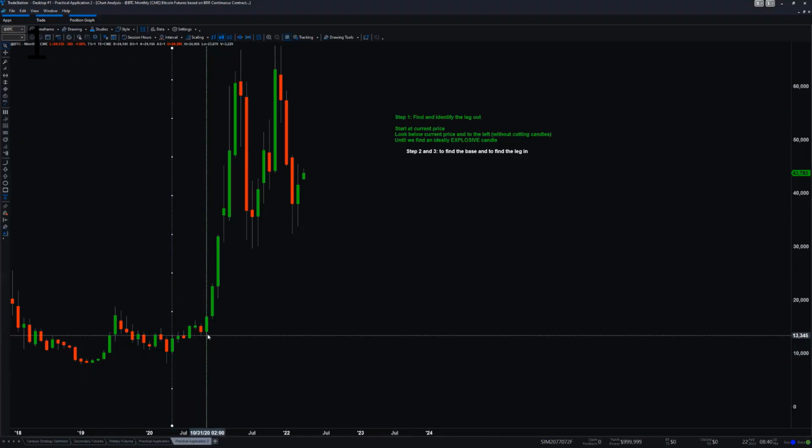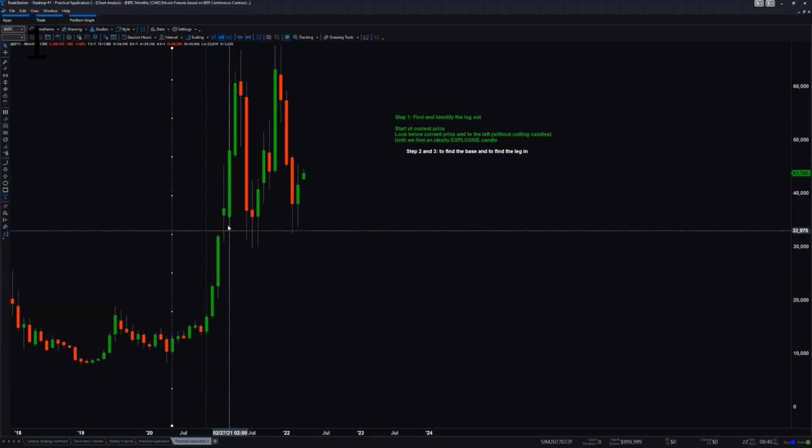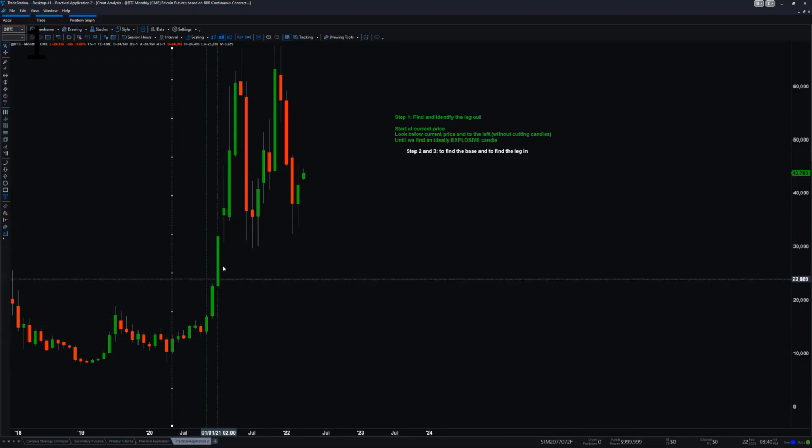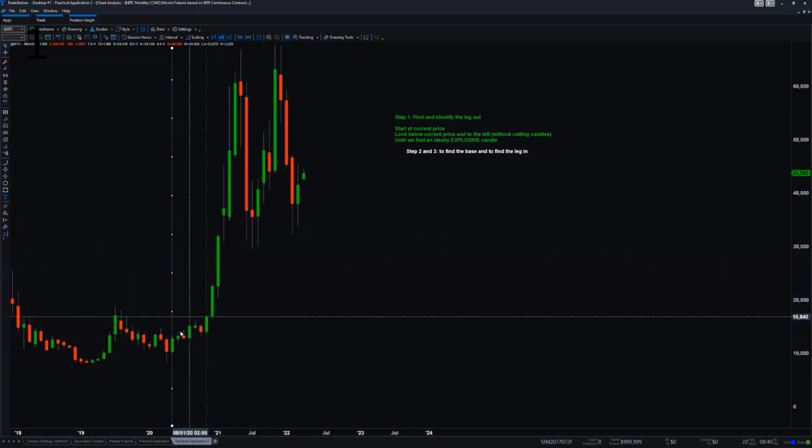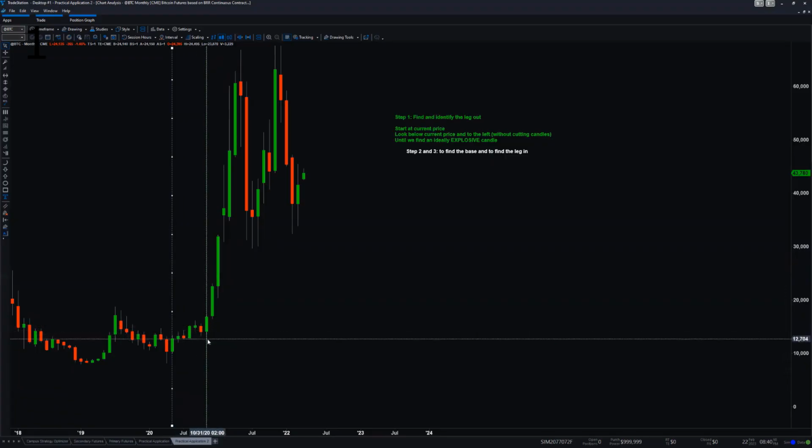What's really important, again, is that green line here, the explosive move out. Now, what we're trying to figure out is, where is that origin? And how much coverage to the downside in terms of the distal do we need? If you're uncertain, then taking more is always better than taking too little. That would be a safety first approach.